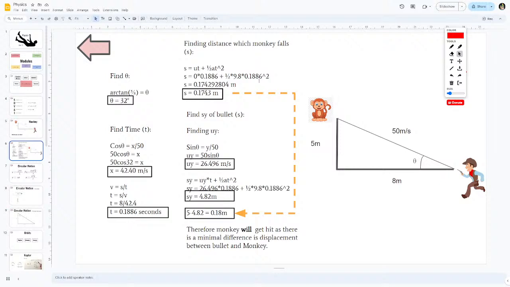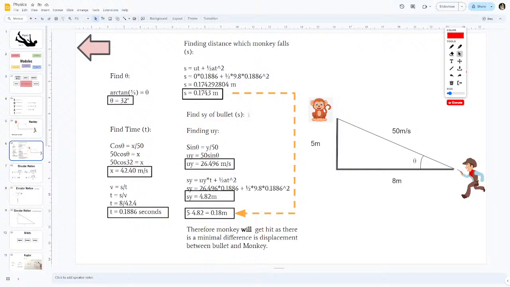And you want to figure out if the monkey falls fast enough that it will miss the bullet, like the bullet will go above it. So that's what this calculation is. It'll drop 17 centimeters, which is not a lot.